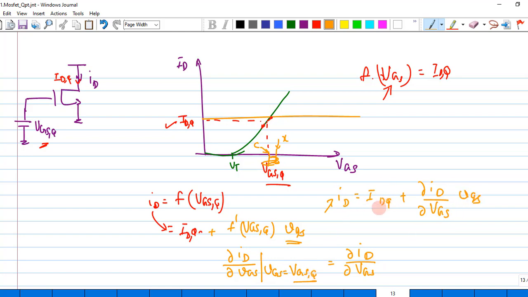Or if you are still not convinced with the way that I have written it down, you can still replace this capital IDQ as the value of ID at VGS equal to capital VGS, because I know that value. So what is that value? It is nothing but IDQ plus this. Now what is this quantity generally? A derivative of ID with respect to VGS?